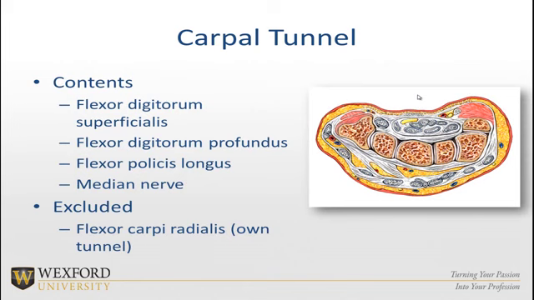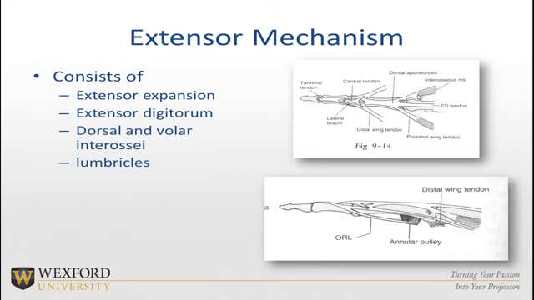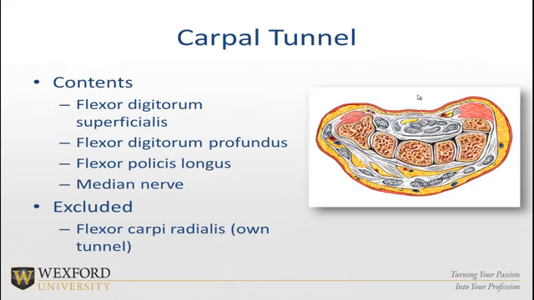Its contents include the flexor digitorum superficialis, the flexor digitorum profundus, the flexor pollicis longus, and the median nerve. And what is excluded is the flexor carpi radialis, which has its own tunnel, as does the ulnar nerve.